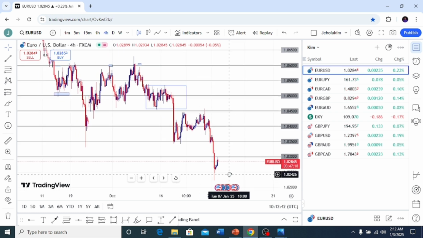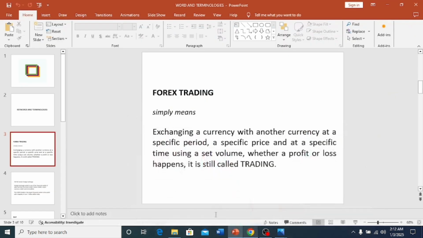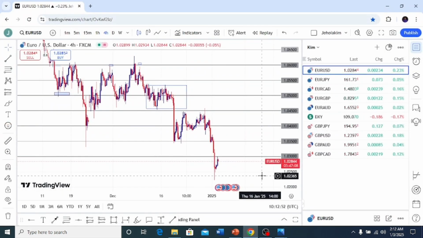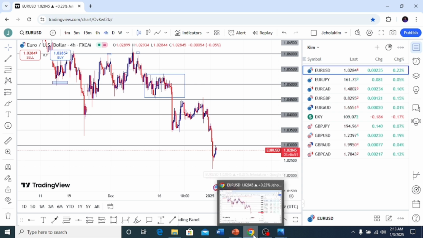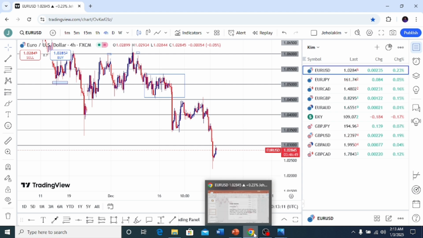Like now what you're seeing on my chart right now, it says exchanging a currency with another currency at a specific period, a specific price. Now if we look at the current price of the Euro USD, it is 1.02845. Now this is the current price. If at all I'm trading or I'm exchanging this Euro USD, this is the current price that I am going to place my trade. That is what I meant there.